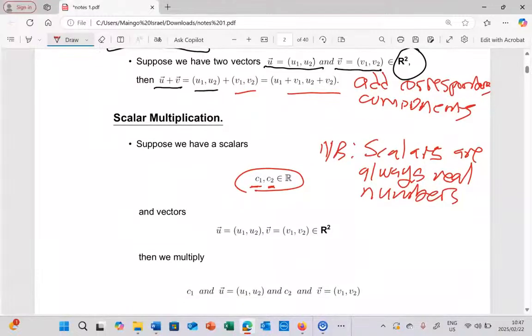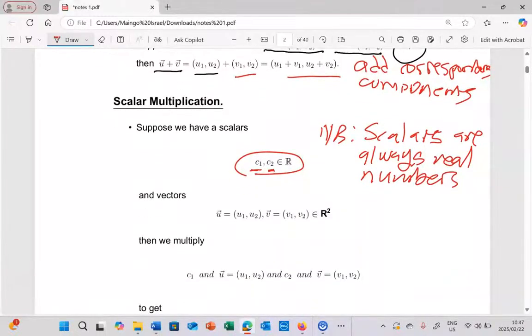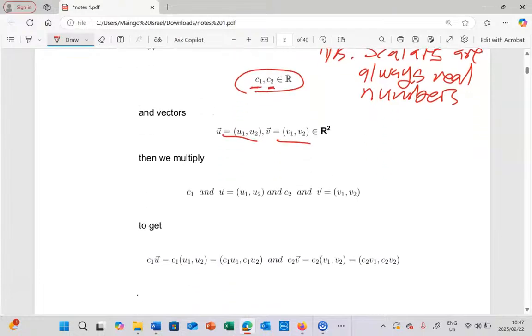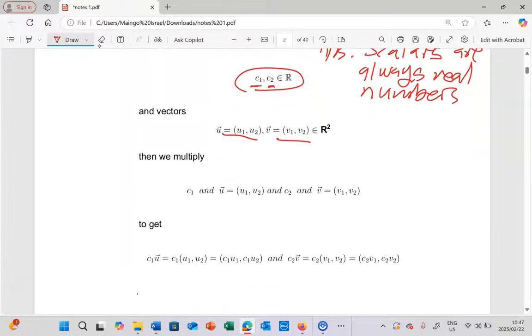Suppose we are given these two scalars belonging to the real numbers and vectors u and v in two dimensions as previously. Then we multiply c1 and u, and c2 and v, to get the following. c1 multiplied by u is c1 times the vector with two components u1, u2.